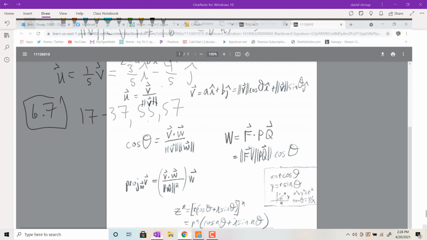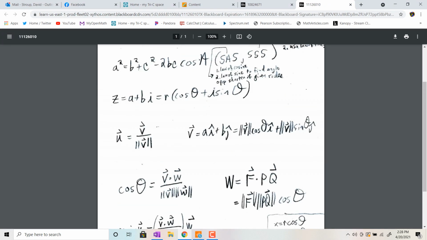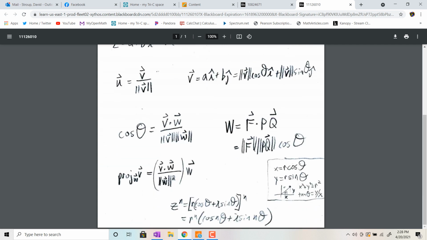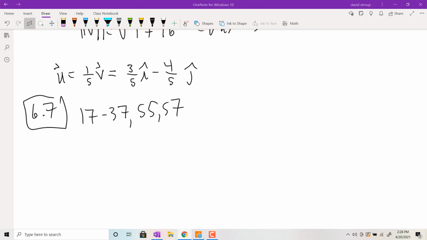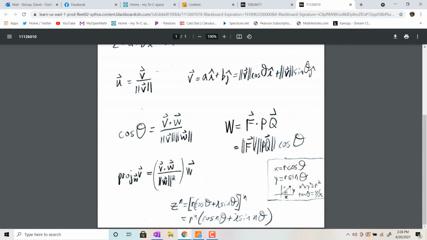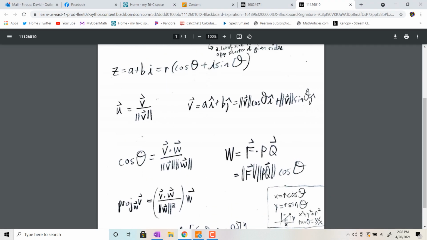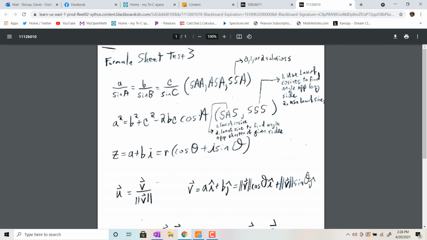These formulas are on the sheet here. You have to know how to do a dot product, of course, but any other formula you may need is there. Even the unit vector formula is sitting there as well. Obviously these first 3 things we won't need.